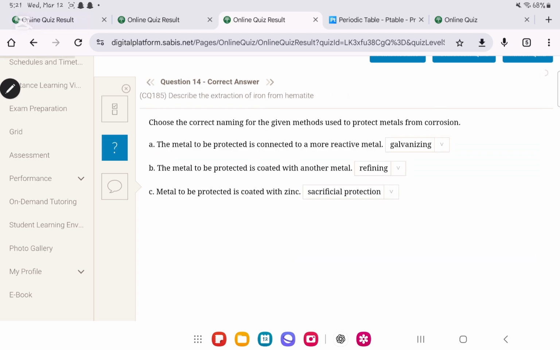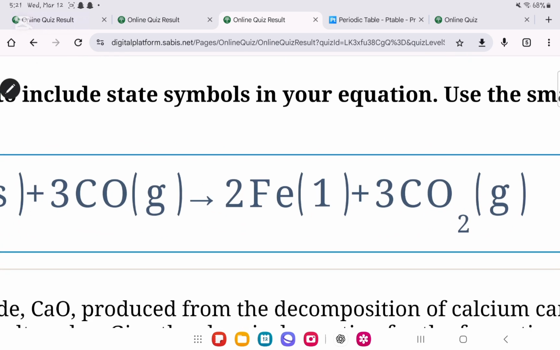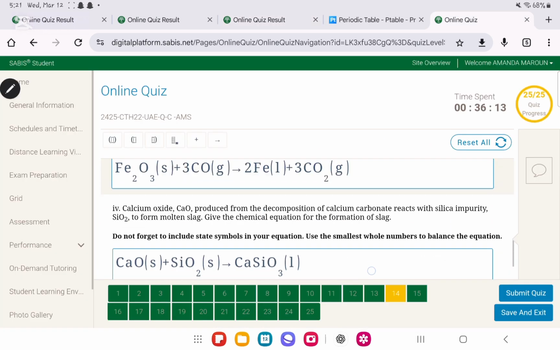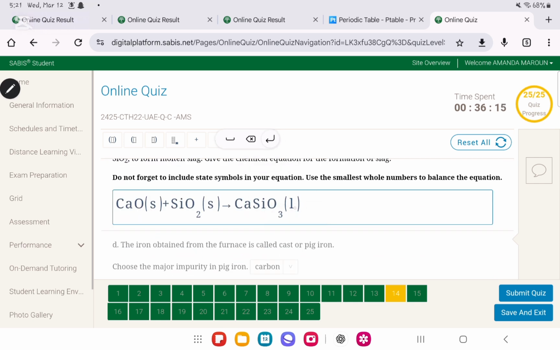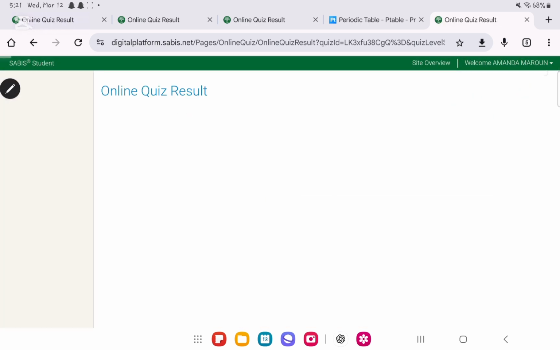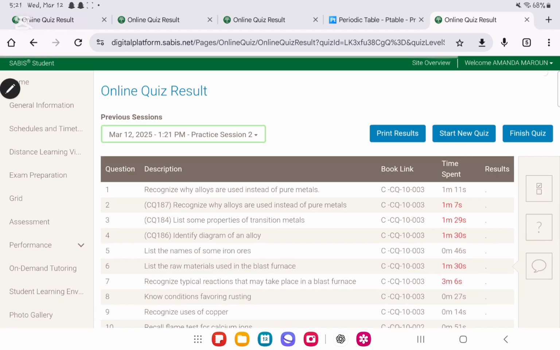The person who made the exam put 1, but here it's supposed to be liquid. So please, in the exam, put it as liquid and not 1. Here it's a mistake from whoever did this exam. Let's submit. Ignore this. Thank God, they were all correct except this one mistake, which is not a mistake from us. It's a mistake from them.